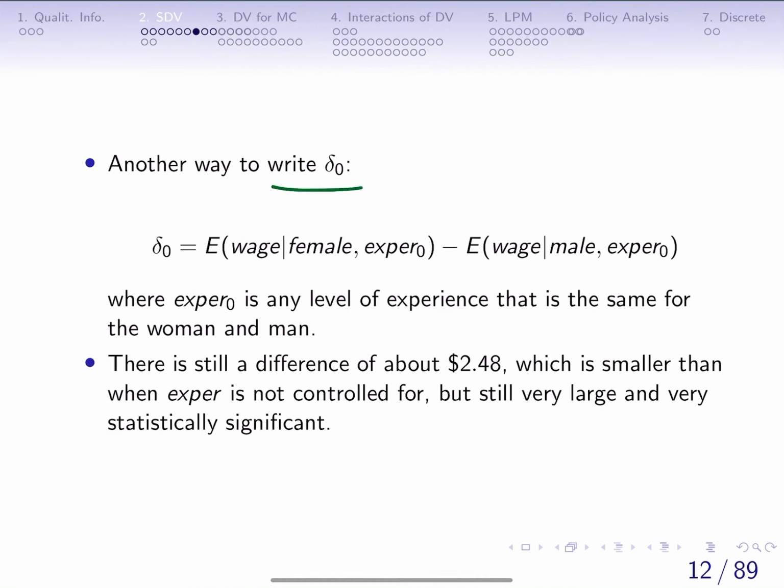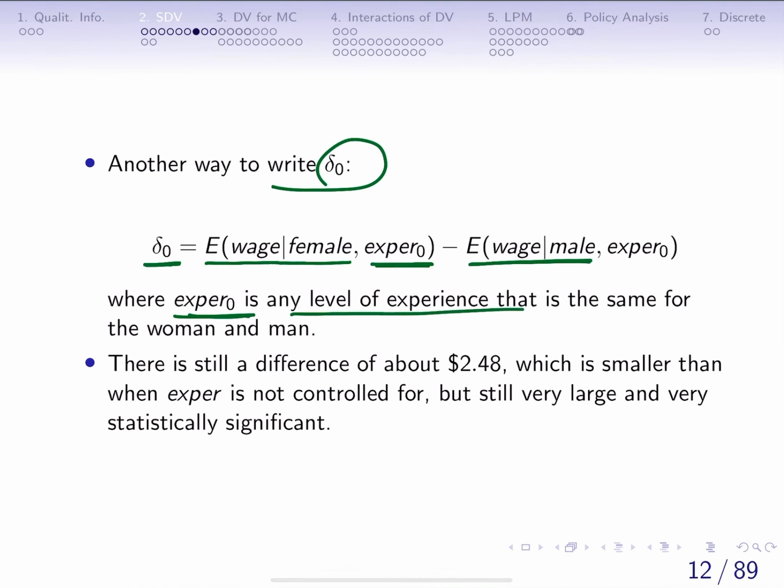Another way to write out delta naught, if we had the previous regression, would be to think about delta naught as the difference between the wages for females and males holding experience constant. So experience 0 is any level of experience, which is going to be held the same for females and males, okay?